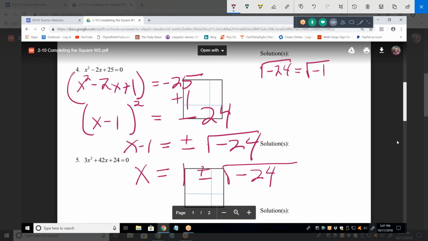Pull out that negative 1. Is that true or not? Square root of negative 24 is equal to square root of negative 1 times square root of 24. Yeah, that's true. Well, that's i. And now it does turn out that that can be turned into square root of 4 times square root of 6. So what's my final answer?